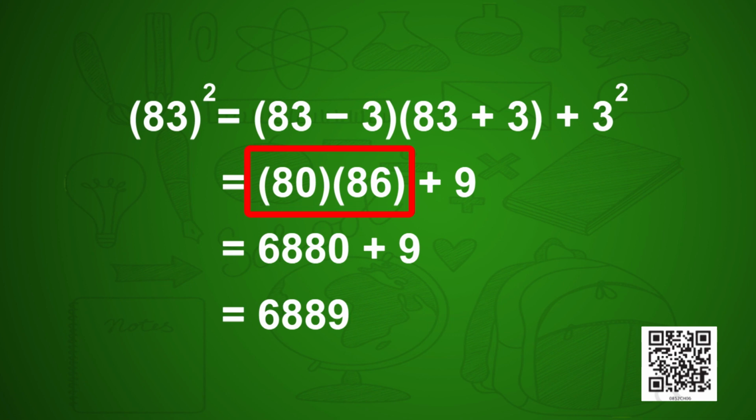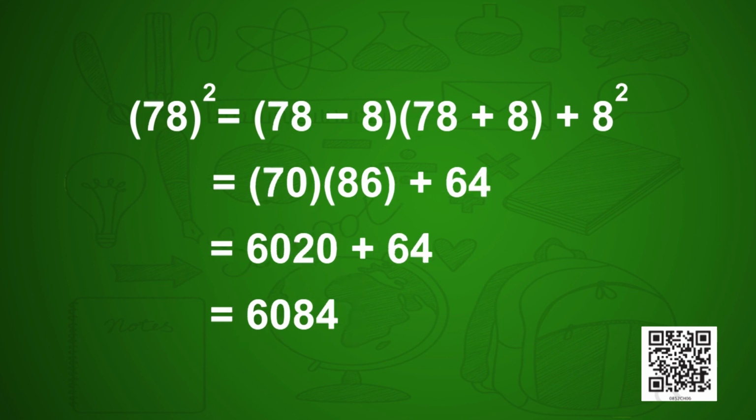Let's take the product of these two numbers. The product of 80 and 86 is equal to 6880, and we add to it the square of the unit digit, that is 9, and thereby we get this square as 6889.